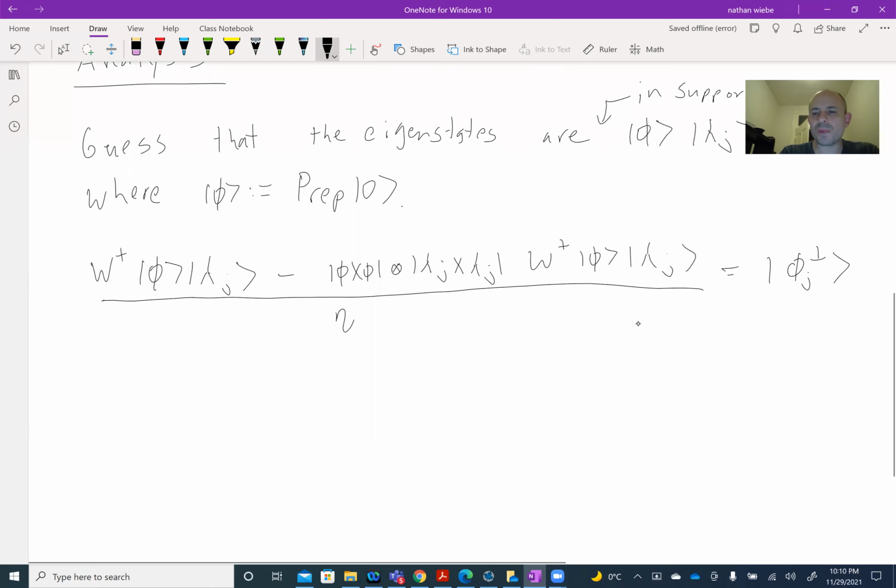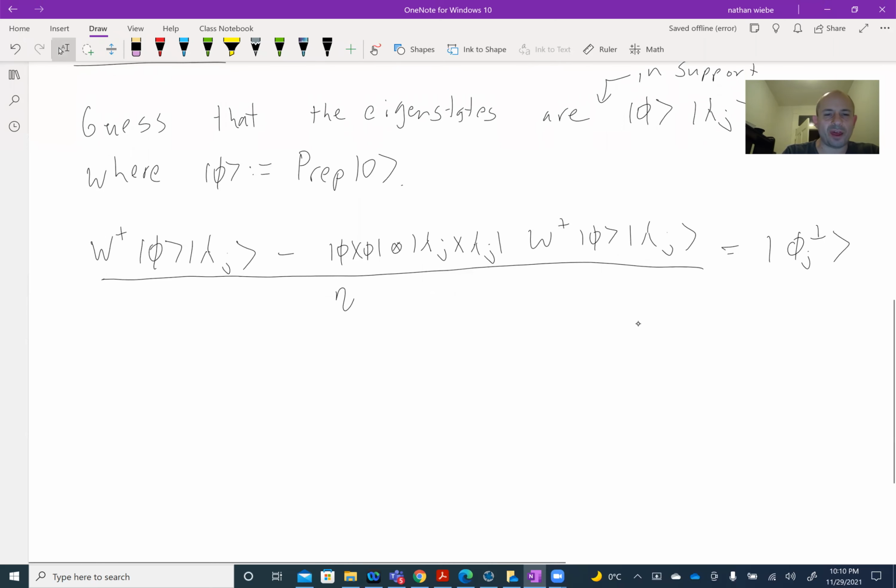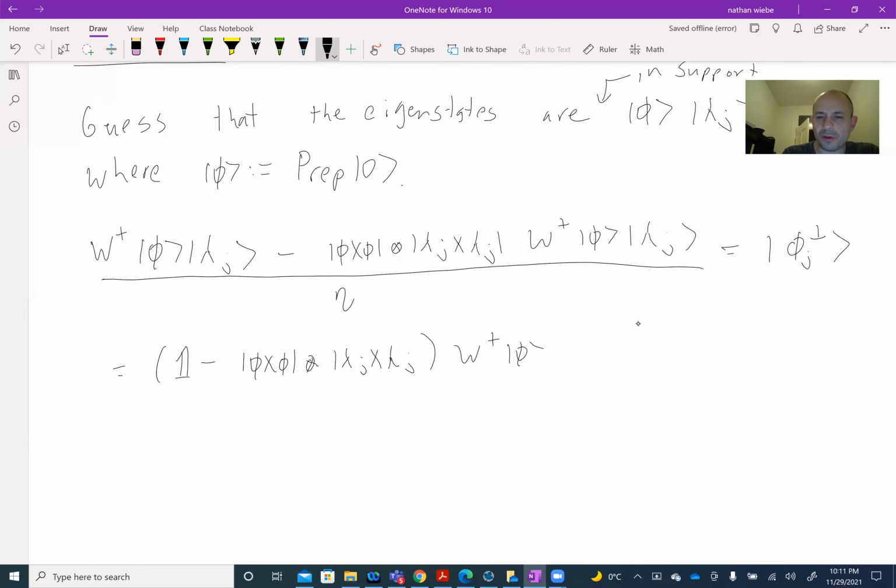Okay. So this is our operator, but we can simplify this to be identity minus the projection onto phi tensor the projection onto lambda j, times the adjoint of W acting on lambda j.